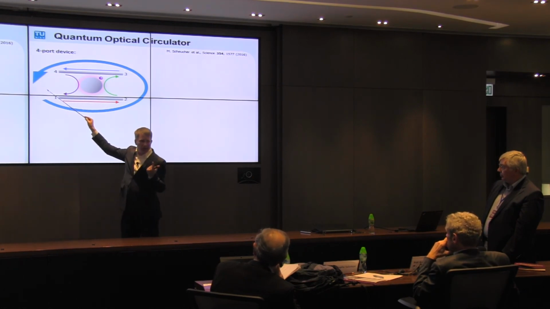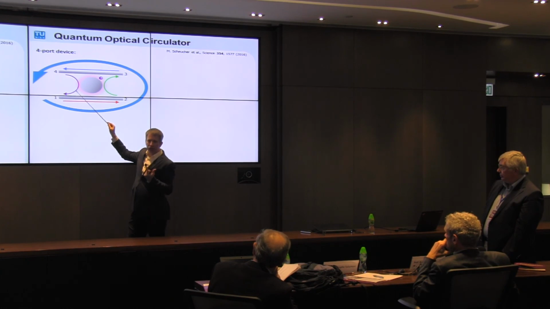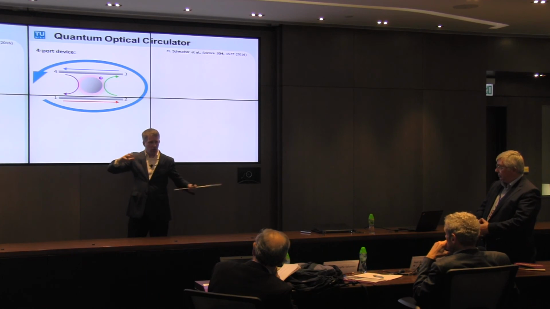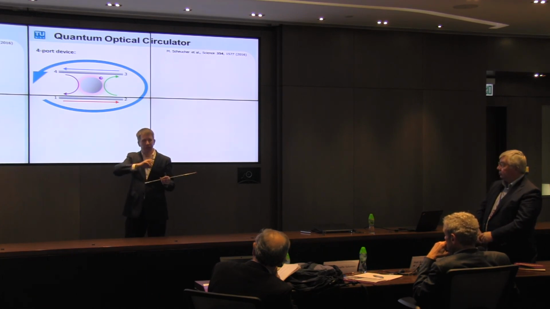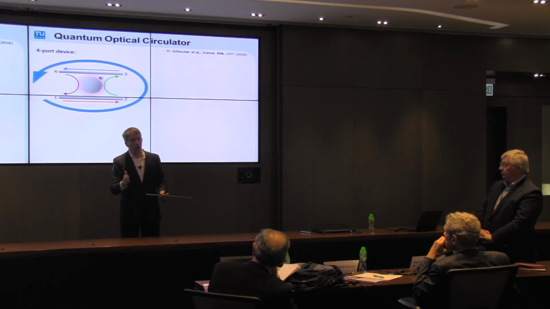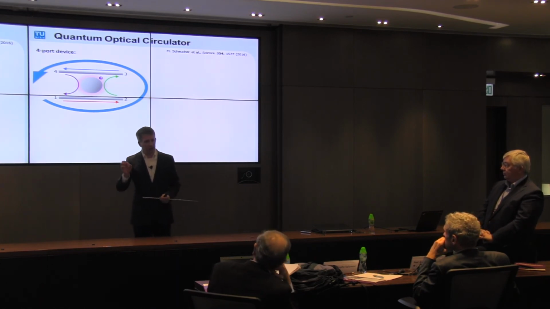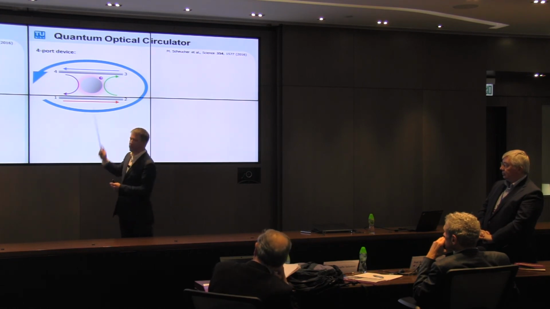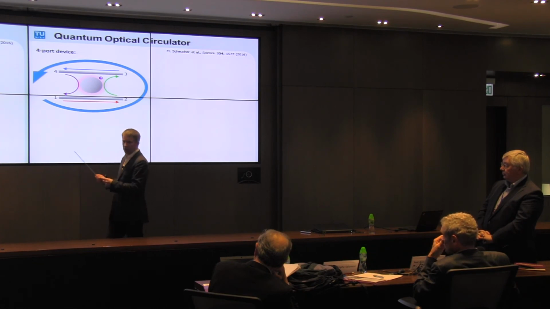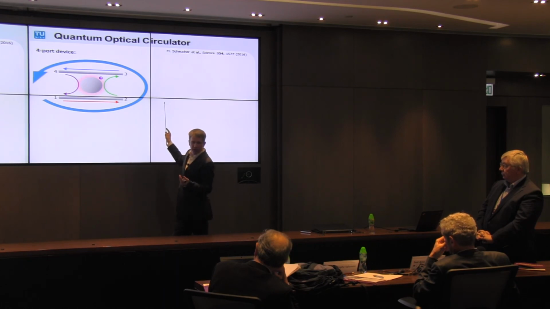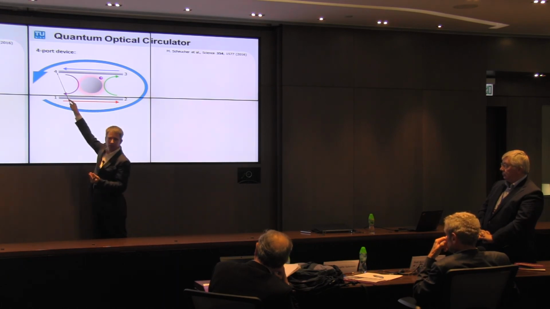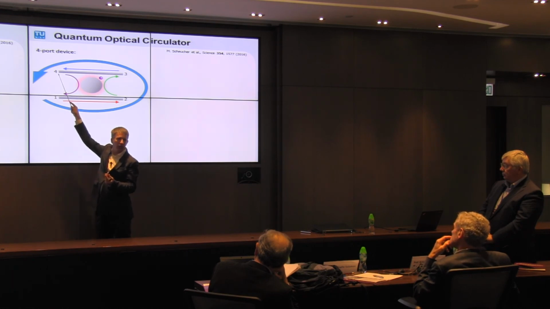So you entangle path and internal state, but interestingly, this is now a quantum device. If I have a very weak but long coherent pulse, such that the probability for having two photons at the same time at my scatterer or at the resonator is very small, then to a good approximation what you will prepare is a Schrödinger cat, because the weak laser pulse will go through if the atom is in one spin state, and it will be routed to this port if the atom is in the other spin state.